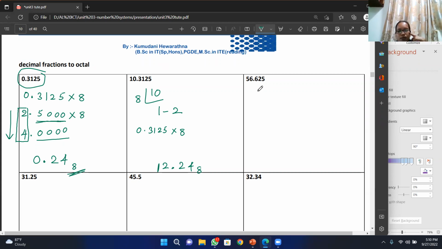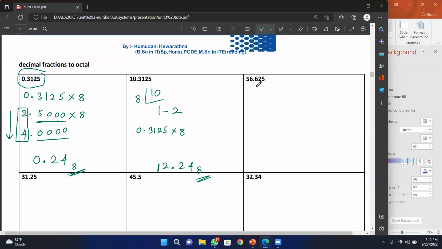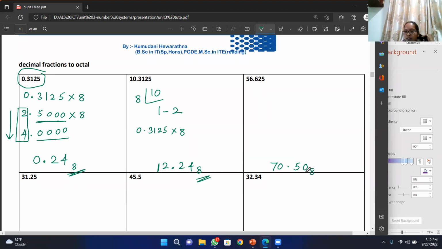Next one, 56.625. So I got 70.50 to the base 8. 70.50. Let's check. 56.